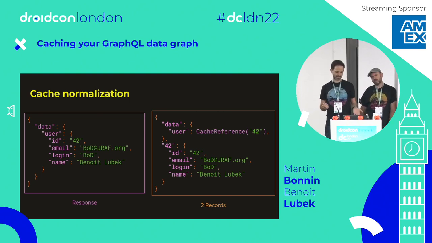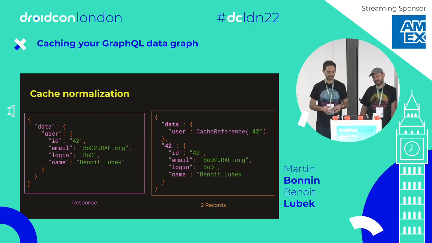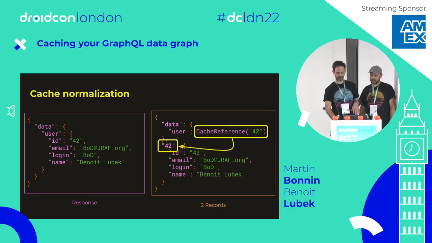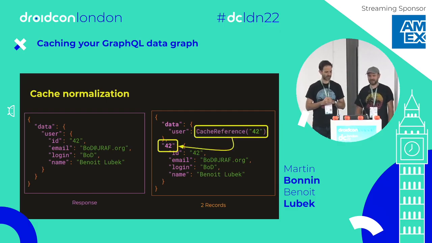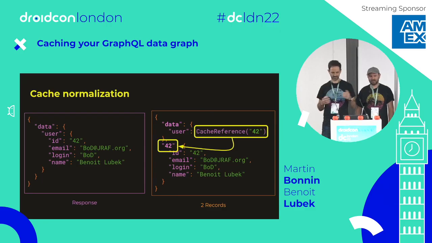So in that example, I take the data object and I move it to a record. And what I'm going to do is take the user object, flatten it, and store a cache reference instead of storing the full object. So I have a cache reference here that links to my second record, which is at key number 42, and that contains all the data for that user.